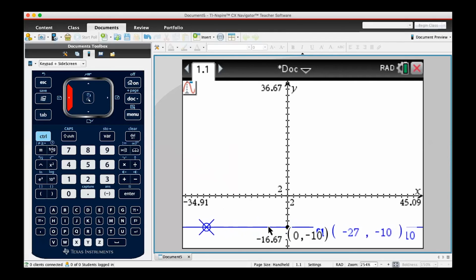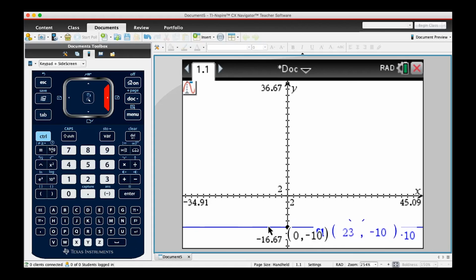It's still always -10. See, we're at -29, -10. We're at -28, but we're still at -10. The y coordinate is always -10. When I come over to the positive side, I'm at 5, 6, 7, 8, but I'm still at -10 for the y coordinate. What does that mean?